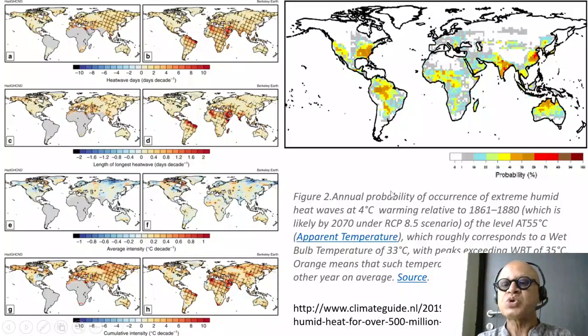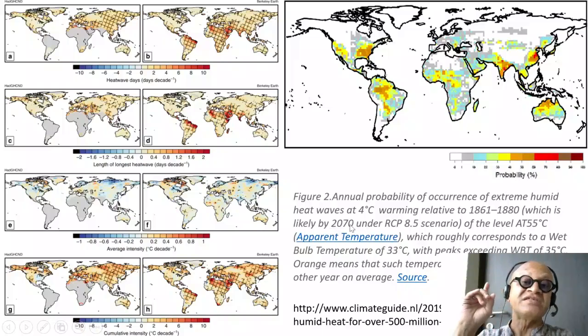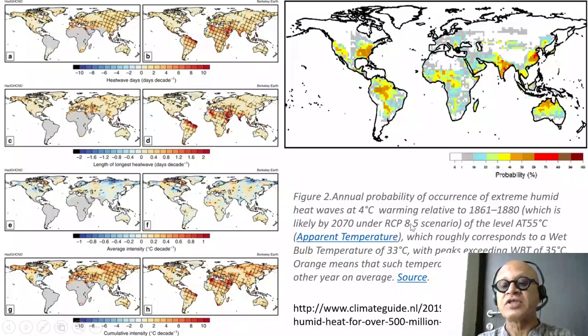This one is now showing annual probability of occurrence of extreme humid heat waves at 4-degree warming relative to 1861 to 1880, which is likely by 2070 with a particular scenario of warming. So that sounds very complicated, but it's actually fairly straightforward.